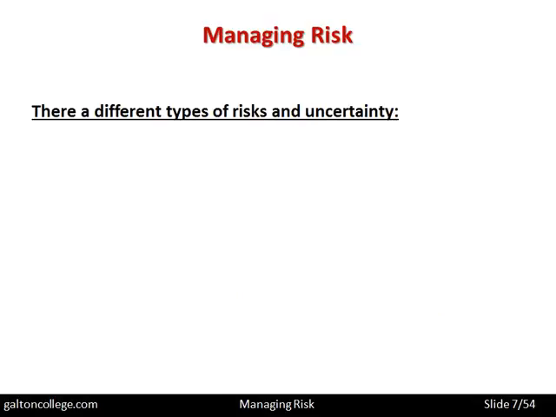There are different types of risks and uncertainty that organizations face. I say risks and uncertainty. These are two different concepts. Risks are ones which have a probability of happening, and the probability, generally speaking, can be calculated. Insurance companies constantly try to work out the probability of events happening so that they can levy appropriate charges to customers.